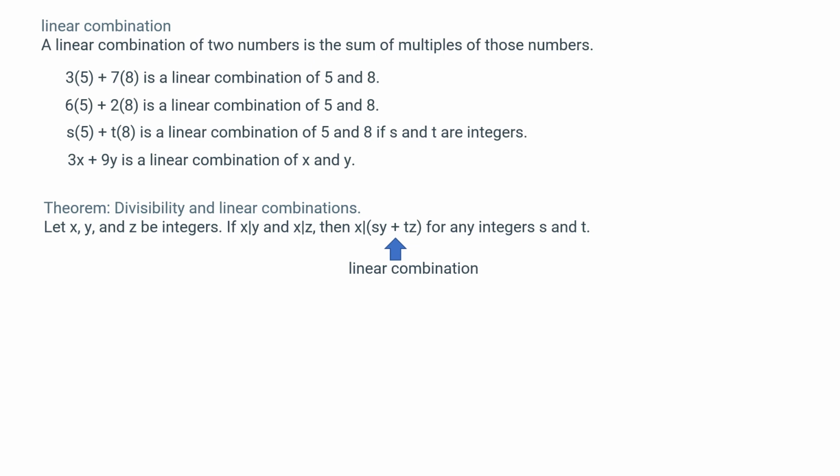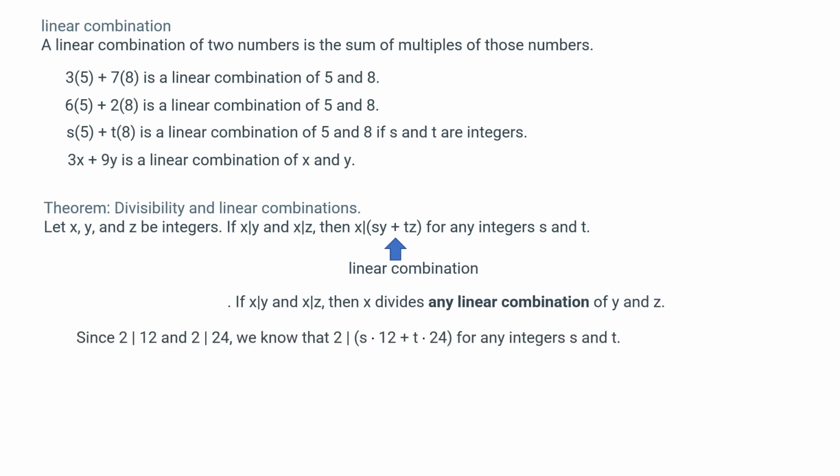So if x divides one integer and x divides another integer, then x would divide a linear combination of those two integers. Okay, so if x divides y and x divides z, then x divides any linear combination of y and z. So here's an example.